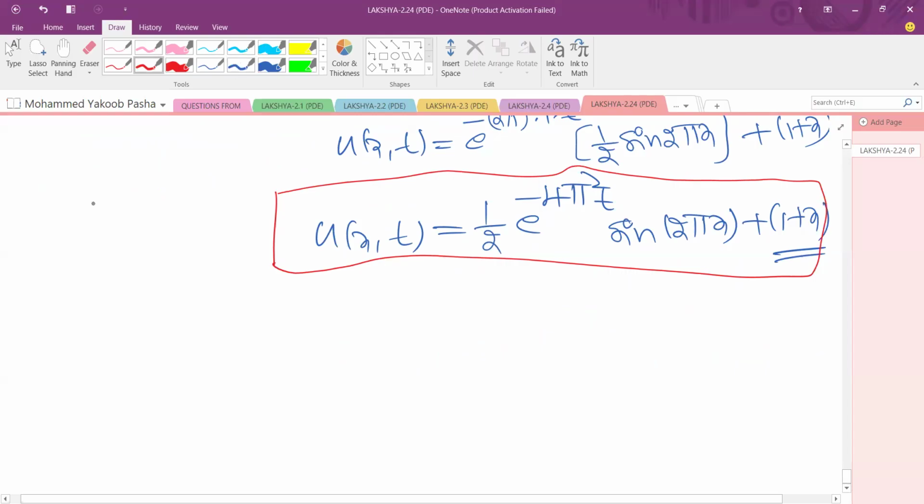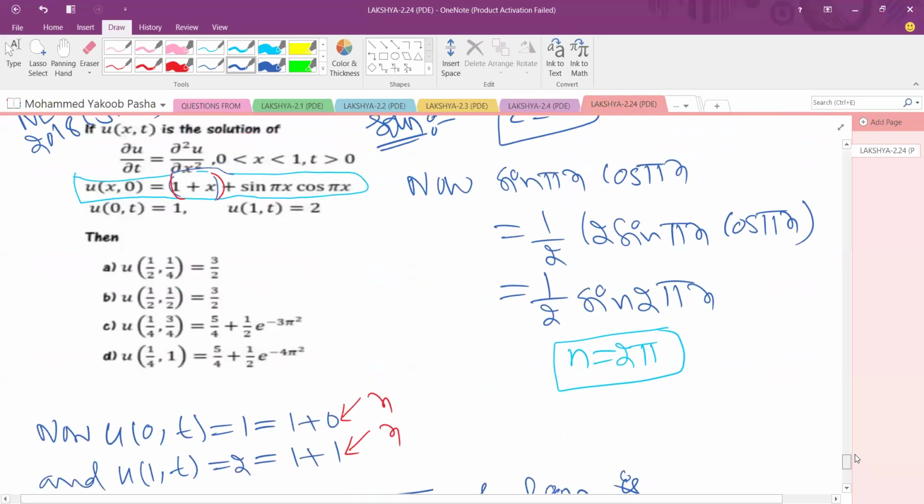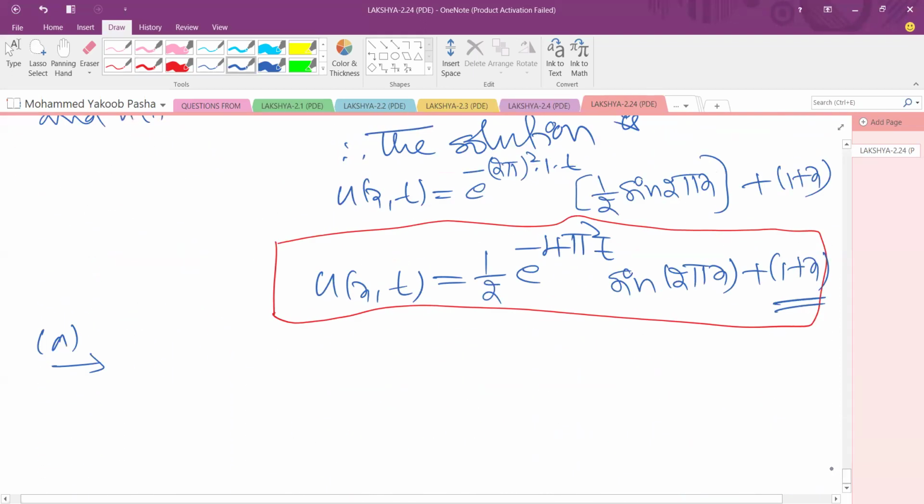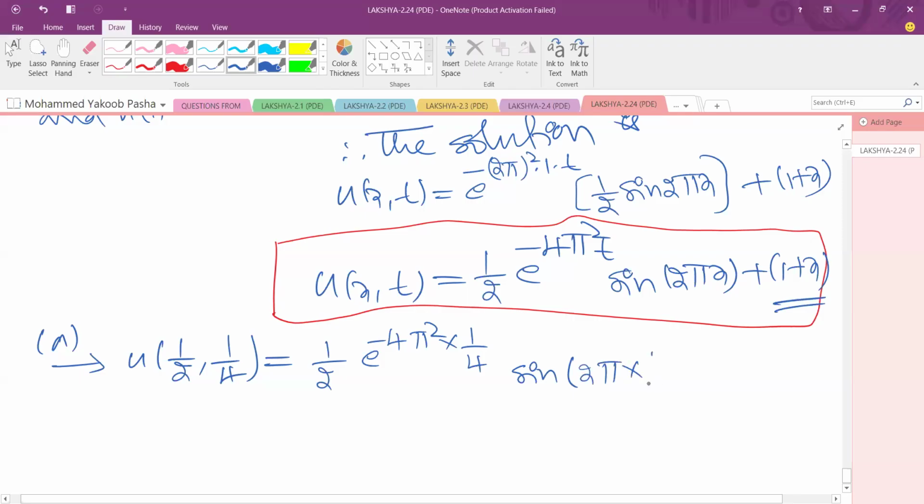So see the options one by one. First, option A. We need to calculate the value of u of 1/2 comma 1/4, whether it is equal or not to the given value. 1/2 e to the power of minus 4 into pi square into 1/4 into sine 2 pi x. X is 1/2, so 2 pi into 1/2, plus 1 plus 1/2.